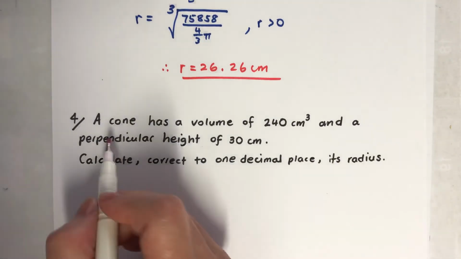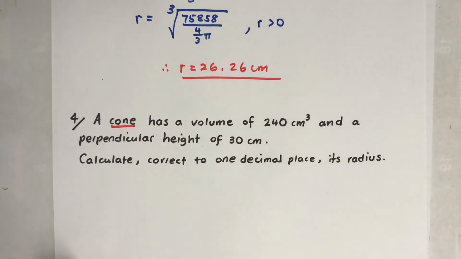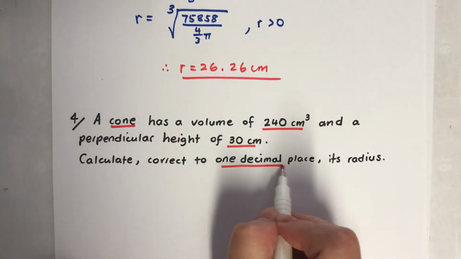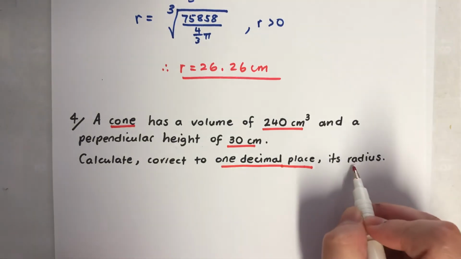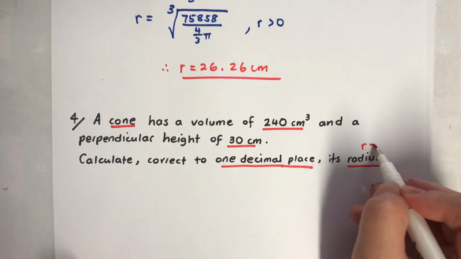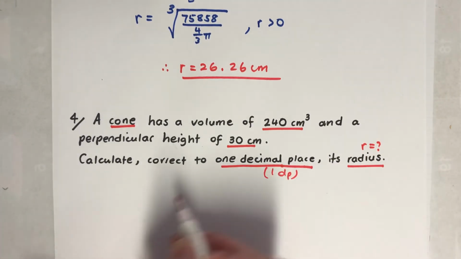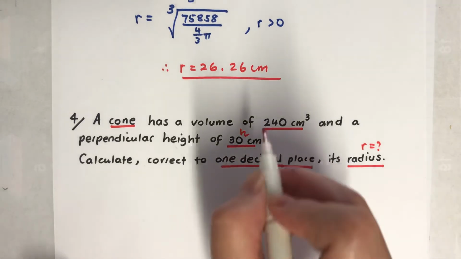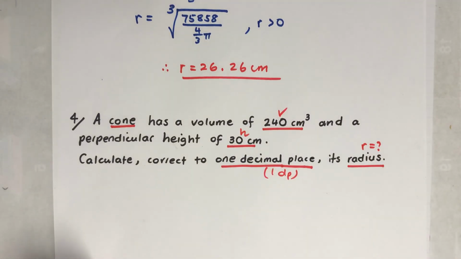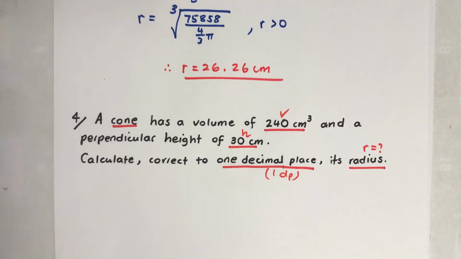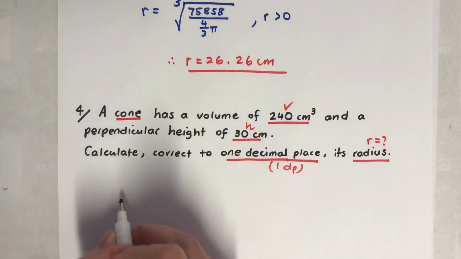A cone, this time it's a cone, has a volume of 240 centimeters cubed and a perpendicular height of 30 centimeters. Calculate, correct to 1 decimal place, its radius. So we're looking for radius again, and it's 1 decimal place this time, and that's my height and that's my volume. Okay, so just indicate a few things that you want to use for your calculation.